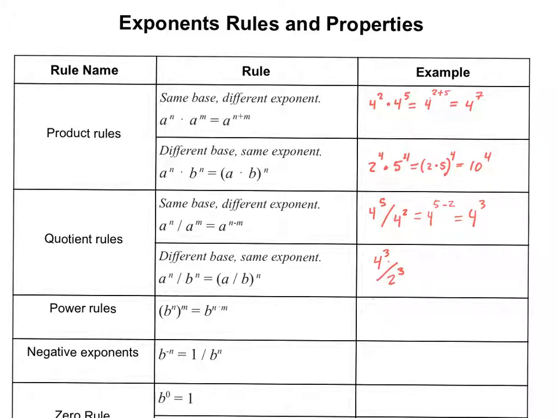Then the only thing we need to do is rewrite this as 4 divided by 2 to the third power, or cube. And you know that 4 divided by 2 gives you 2. So you have 2 to the third power. And that will be your answer.